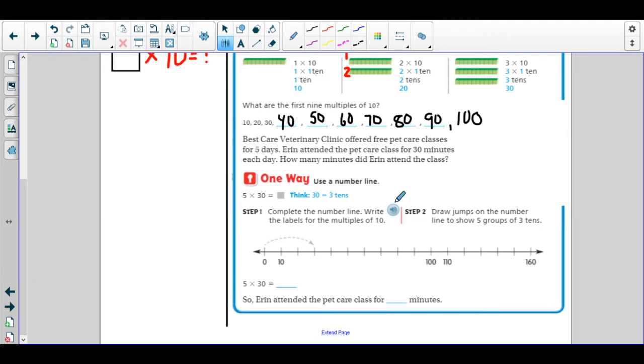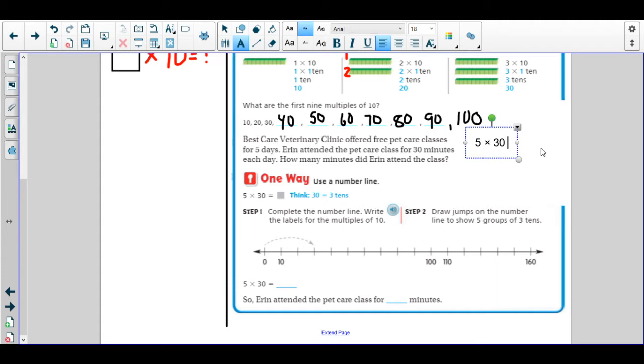Well, what we're going to need to do is just multiply 5 times 30. All right, that is the simple multiplication problem. All right, 5 days, 30 minutes at a time equals something right there.